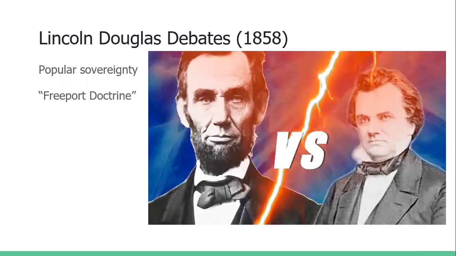So this is a series of 7 debates where the two of them argued the important issues of the day, which were popular sovereignty, the Lecompton Constitution, and the Dred Scott decision. Douglas won the debates, but Lincoln's position in these debates helped him beat Douglas in the 1860 presidential election because he became well known and people liked his anti-slavery beliefs, where he wanted to contain slavery and eventually have it die out. A lot of people liked that up north, which is where the vast majority of his political support was from.